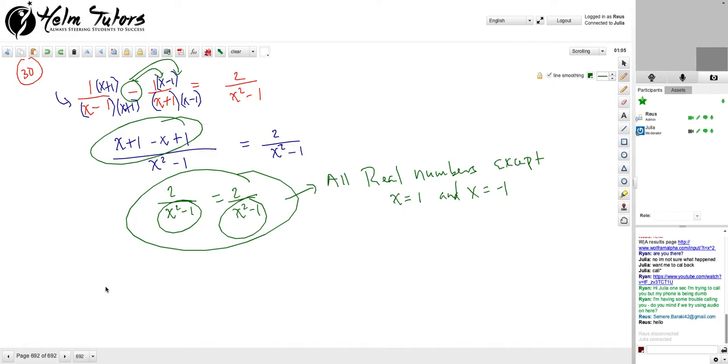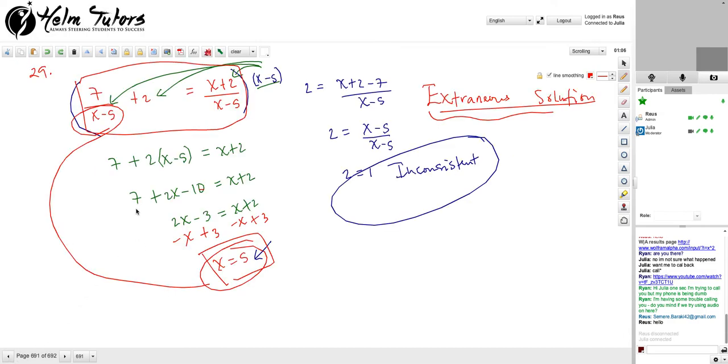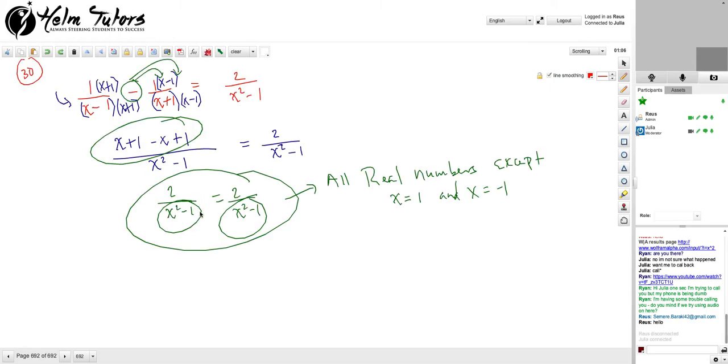I'm intentionally repeating myself: always, on problems like these, solving rational equations where you have denominators with variables, check in the end that it doesn't make your denominator 0, and if it does, toss it out from the solution set, right?